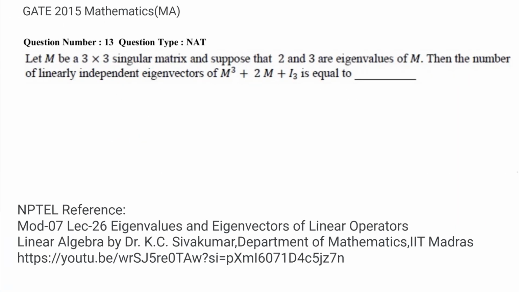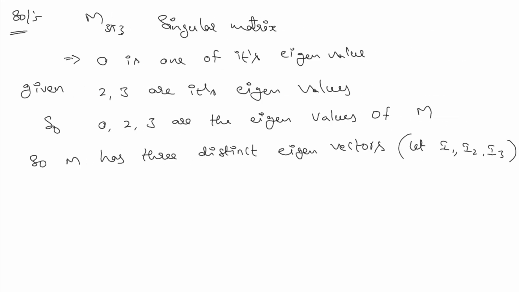But what is asked is the number of linearly independent eigenvectors of the matrix M cube plus 2M plus I3. Before looking at the independent eigenvectors, firstly we see what the eigenvalues of this matrix are.